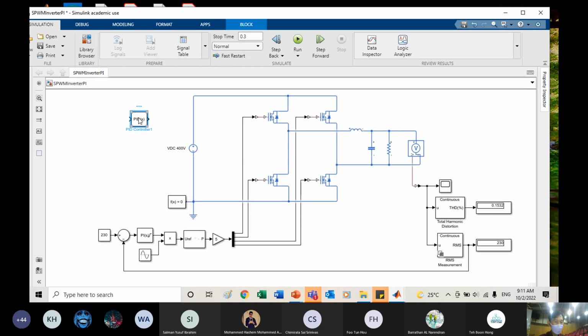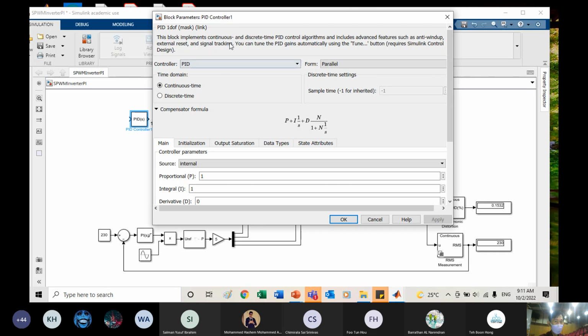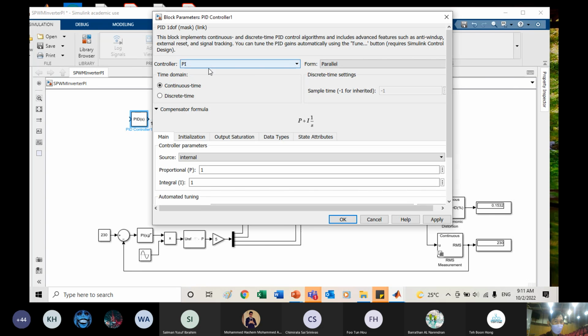When you double click, first of all, you change the controller from PID to PI only. And then after that, you set this. How to calculate and set these, we will discuss later.